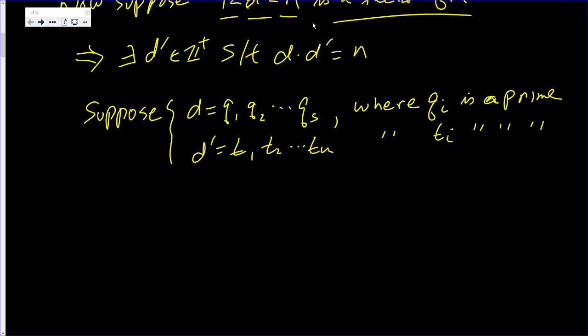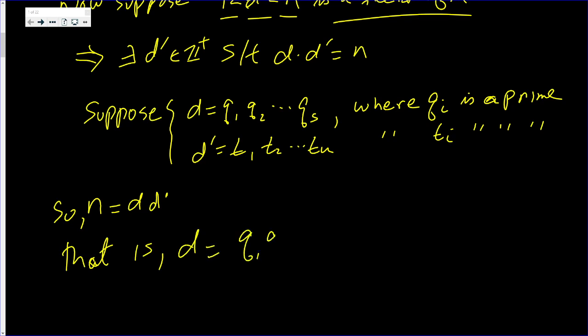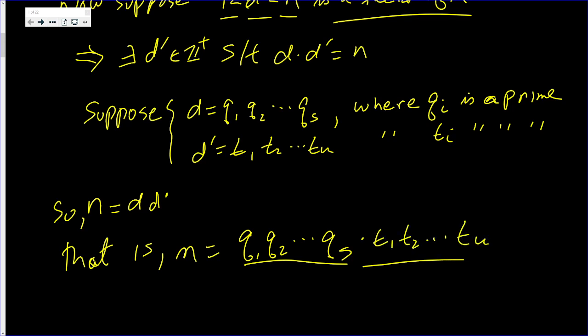So now we have that n is equal to d times d prime. That is, n is equal to q1 q sub 2 up to q sub s, and now I'm going to multiply it by d prime, which is t1, t2 up to t sub u.